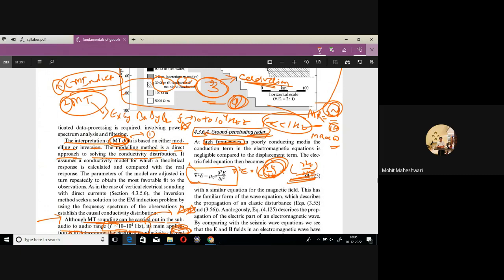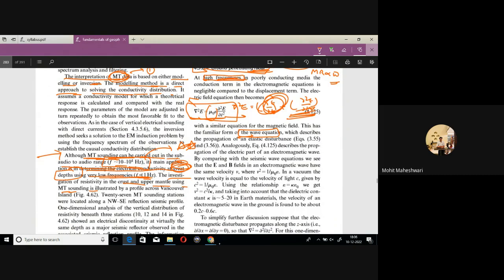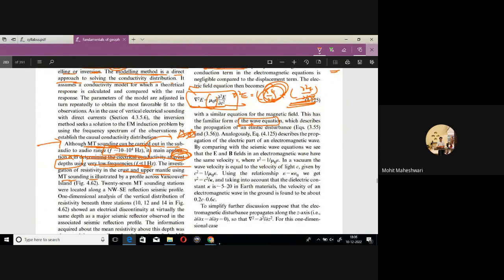This is the spatial variation, this is the time variation, and this equation is a similar wave equation. Very, very important thing, this is the wave equation. And from the wave equation, you can determine the velocity basically. So comparing this equation with the seismic wave, we will get the velocity of the wave. In the vacuum, the speed of light is 1 upon under root mu 0 epsilon 0.